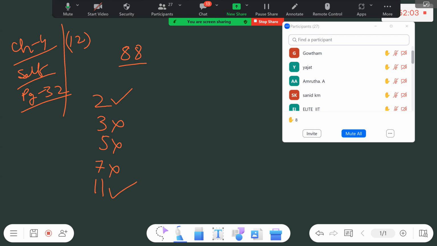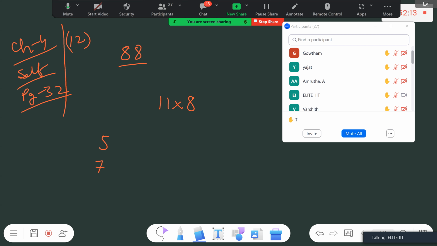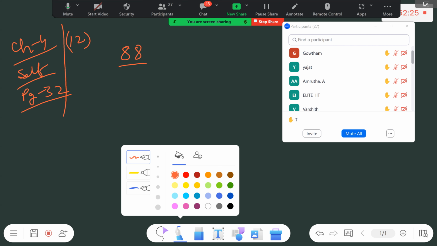Can you divide 88 by any other prime number? No. Why? Let us check. 88 equal to 11 into 8, isn't it? You can check it in this way. Or you have to find the number of prime factors. Let us do it this way.